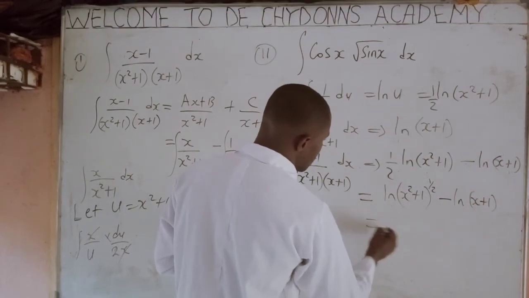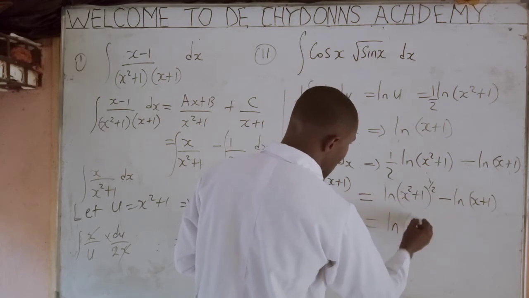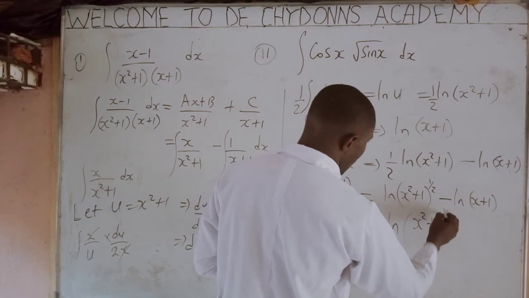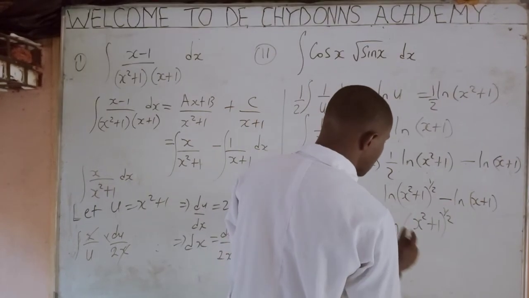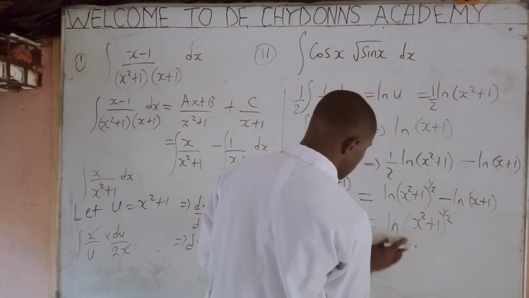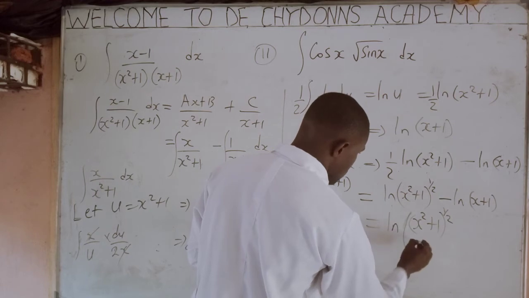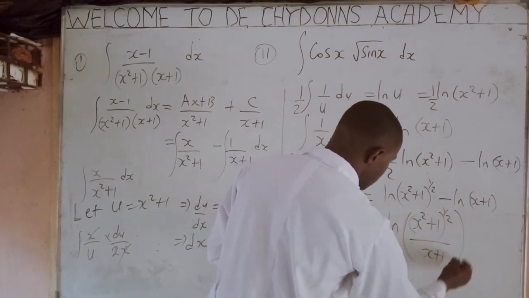Then this will be giving you ln of x squared plus 1 raised to power 1 over 2, all over x plus 1.